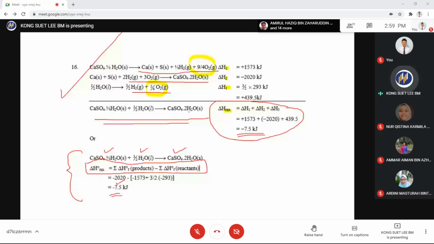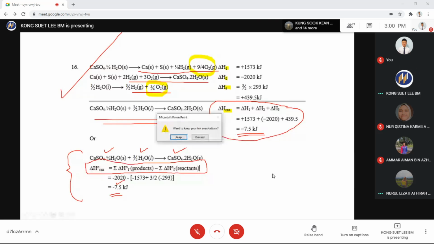Okay, whose turn now? Question 17. It's Medium. Exactly. Okay, Izati, you can share your screen now for question number 17.